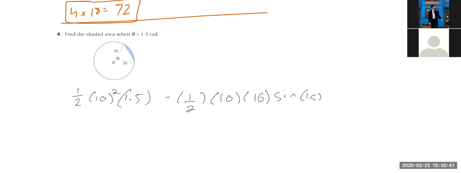Exactly. But make sure you convert your calculator to radians, because otherwise it's going to give you an odd answer for this.